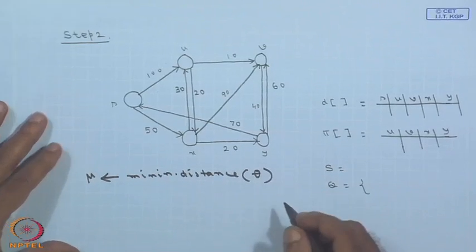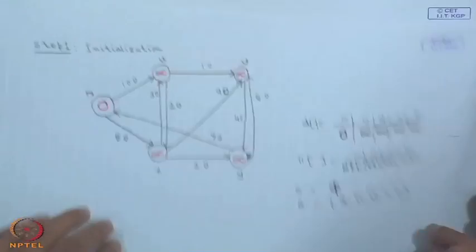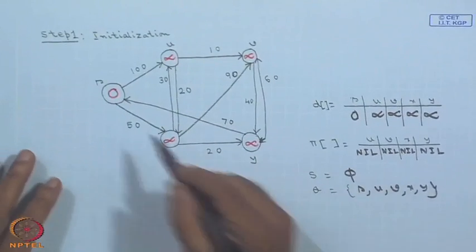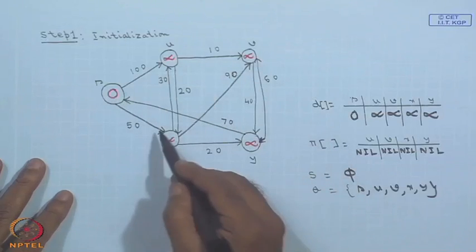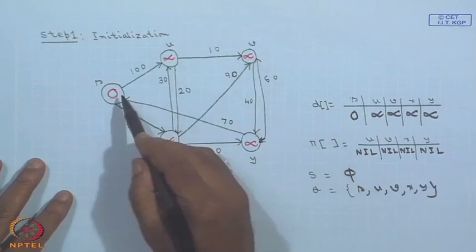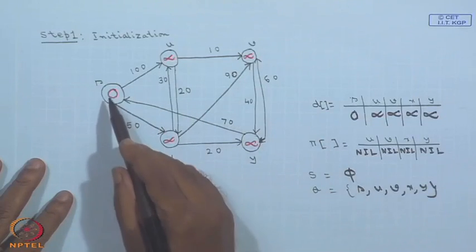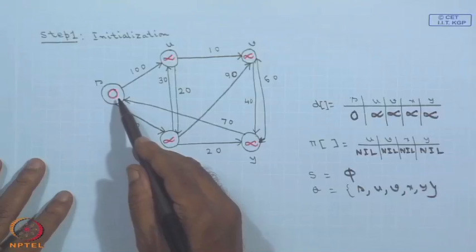What do we mean by minimum distance of Q? It means I want to say which vertex has the lowest value. You see the earlier graph, in which you supplied the values to the vertices; which vertex has the lowest value? Obviously, the source will have the lowest value, the source value is 0.